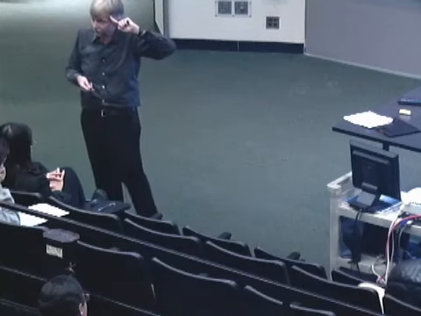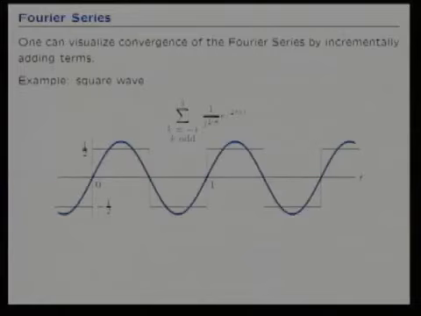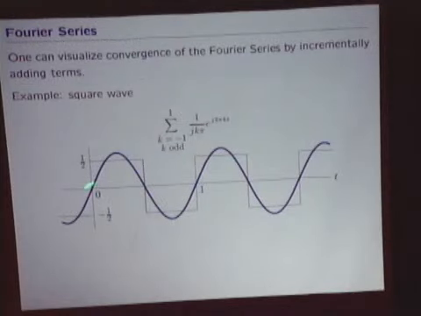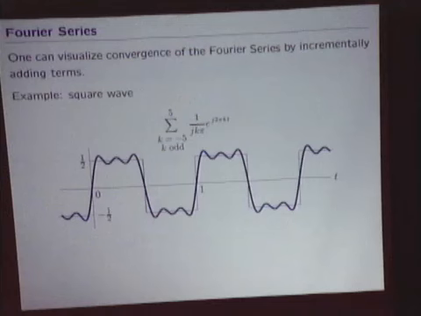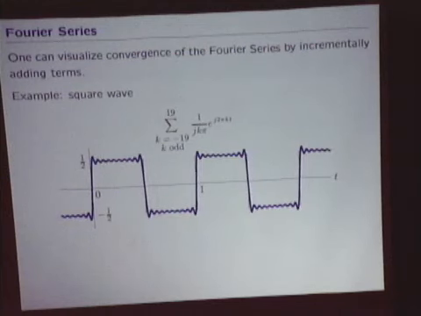A different kind of thing happens here. Now let's do the square wave. If we put in the first term of the Fourier representation, which is the fundamental, we get a sine wave approximation, which is a little worse perhaps for a square wave than it was for a triangle wave. Put in the third, fifth, seventh, ninth, 19th.